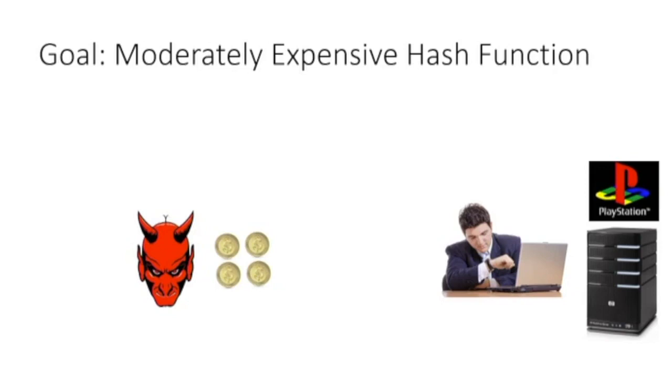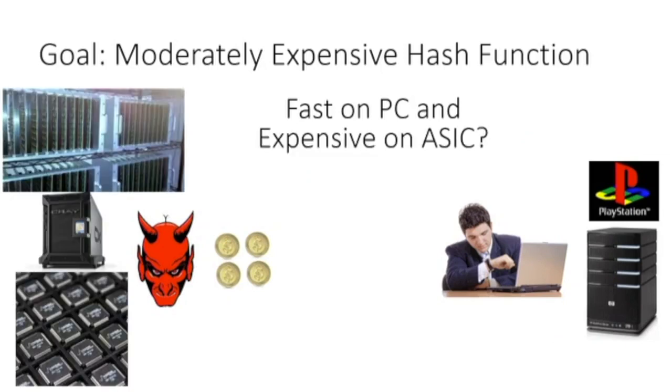Okay, so now our goal is to develop a moderately expensive hash function. It should have the property that it's reasonably fast for the user to compute on standard hardware, let's say your personal computer. And it should also be expensive for the attacker to compute, even if the attacker builds customized hardware, like an application-specific integrated circuit.